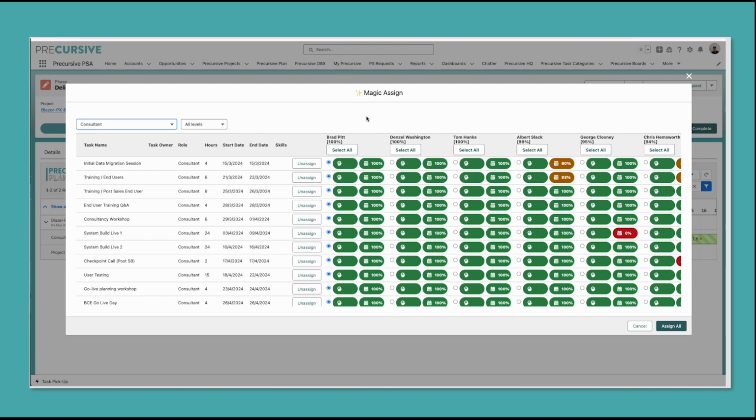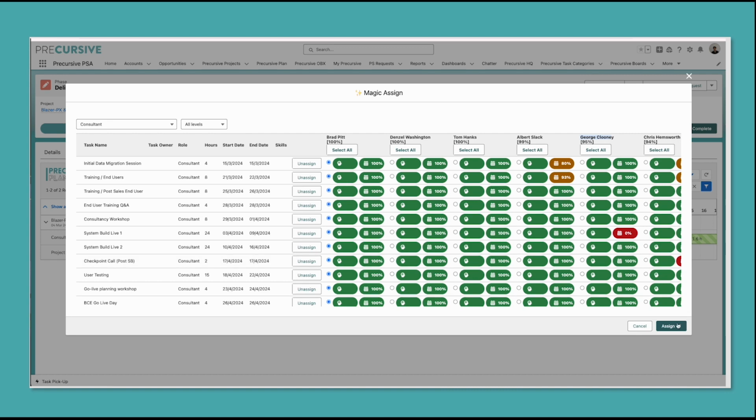So I can assign that to them, or alternatively, if we needed to give this to George, we can see that for that particular task, the system build, he cannot do it because of his availability. We might give that task to someone else if we're able to do that in a project plan, or we'd need to think about rescheduling that system build to a slightly different date to accommodate that.